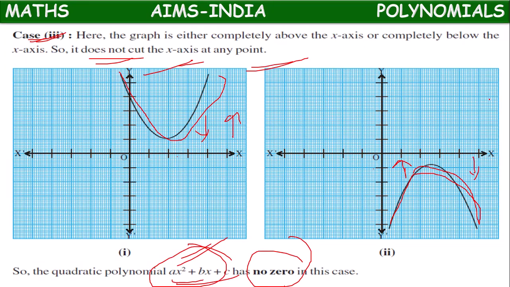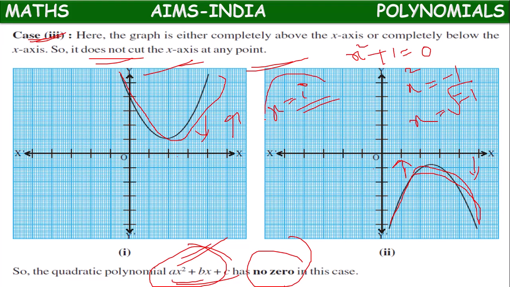Because if you take the quadratic polynomial x square plus 1 equals 0, what is the solution for this equation? x square equal to minus 1, x equal to root of minus 1. So x equal to root of minus 1 is called i, an imaginary number, or iota. x equal to i, which is an imaginary number.